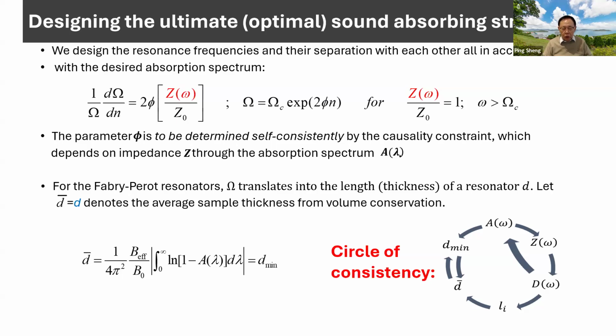So there's a total circle of consistency. It will come back. And that total consistency turns out to be a condition for phi. So we can just solve for phi, and the whole scheme becomes totally consistent, and also consistent with the causality constraint.